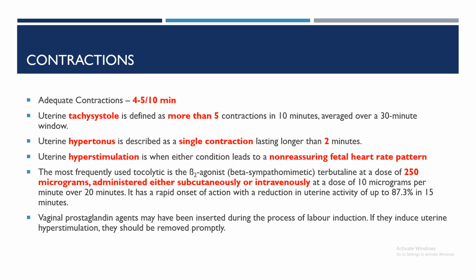Why use terbutaline here? Everywhere else, beta-2 mimetics are contraindicated as tocolytics, but here you are using it as a single dose, and it has a rapid onset. In 15 minutes, it causes a reduction in uterine activity of up to 87%. So only in intrapartum, the tocolytic of choice is terbutaline. Okay.